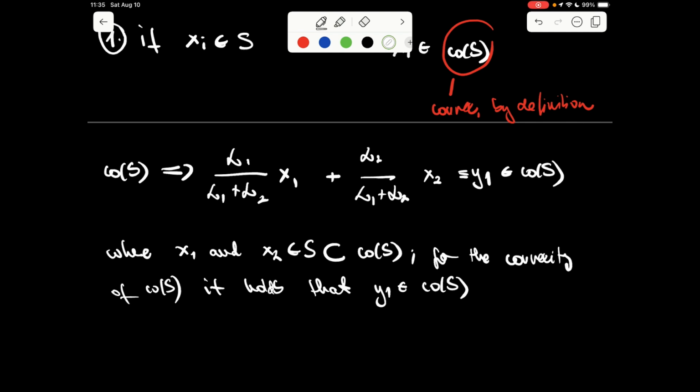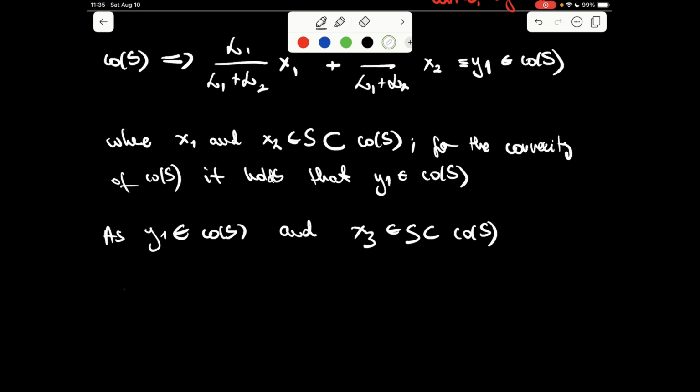Okay, so let's take the next step. As y1 is in COS and x3 is an element of S, so it is an element of COS, any convex combination of them is also in COS.